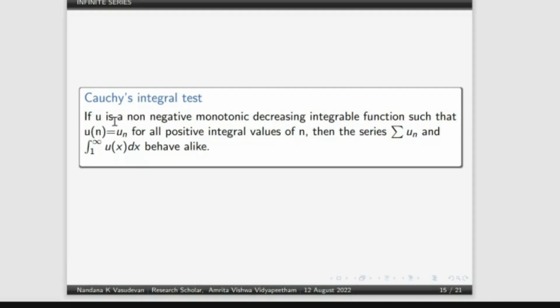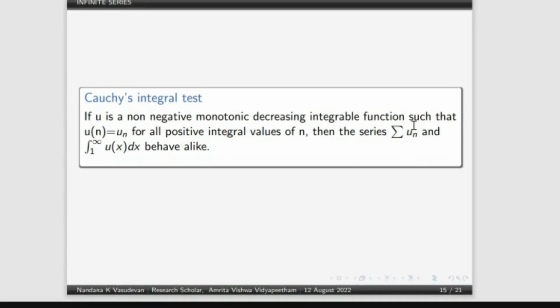So if u is a non-negative monotonically decreasing integrable function such that u(n), when I take the values for natural numbers alone, gives the terms of the series, for all positive integral values of n, then the series sum u(n) and the integral from 1 to infinity of u(x) dx behave alike.